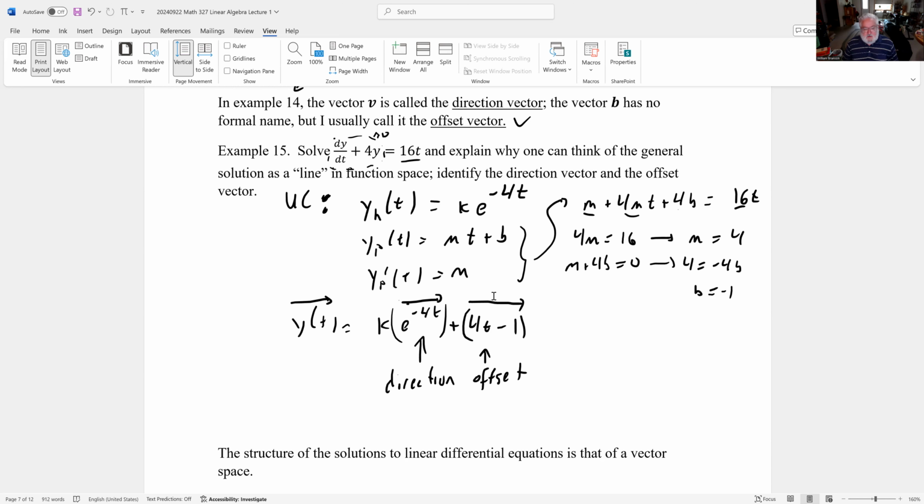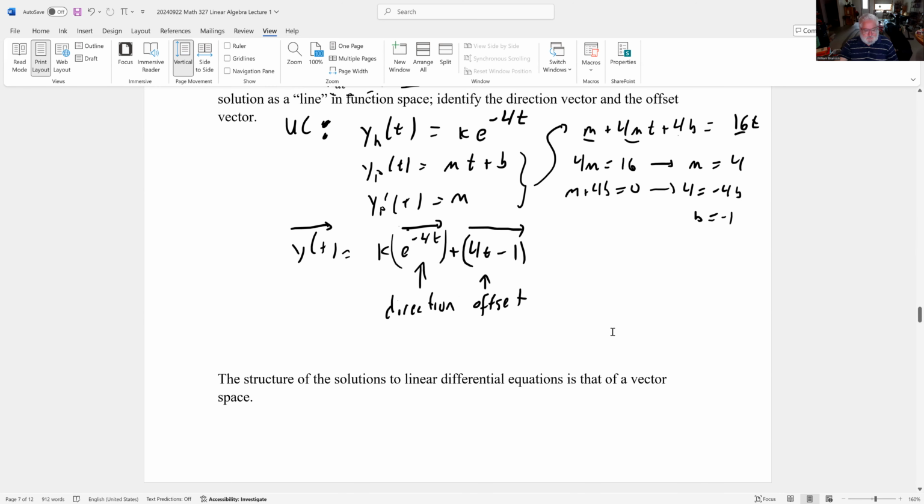They're like lines, right? There's a direction vector, that's the homogeneous solution, and there's an offset vector, that's the particular solution. And so in function space, which is this big, weird, infinite dimensional thing, you pick out a vector, 4t minus 1, and then you go in the direction e to the minus 4t as far as it can go, and that gives you a line of functions in a function space.